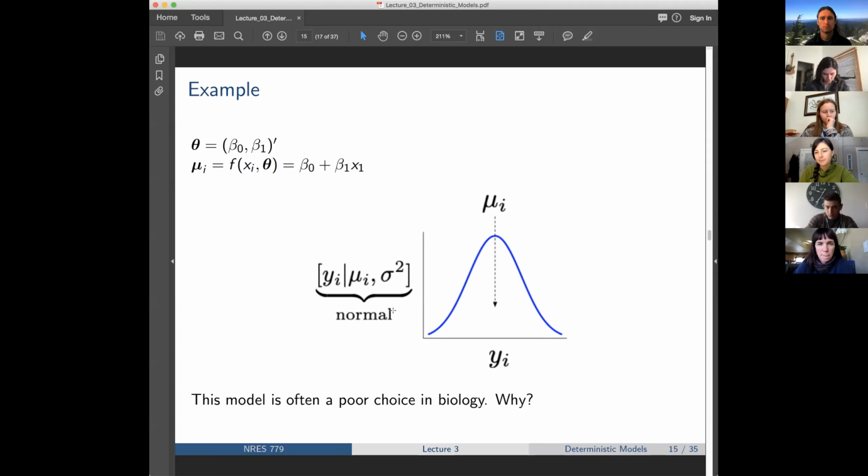So that's the support of the normal distribution. It goes all the way down to negative infinity, all the way up to infinity. And I'll compare that to a couple other distributions shortly. So are there any data that you can collect in its natural units that actually fit within that framework? I've thought about this quite a bit, and I can't think of any.